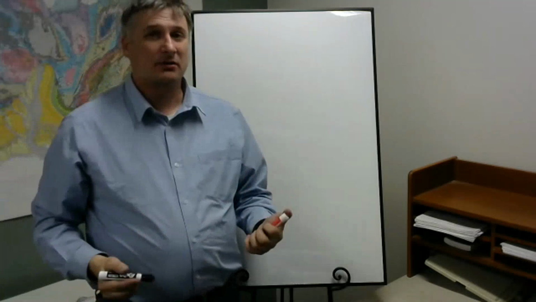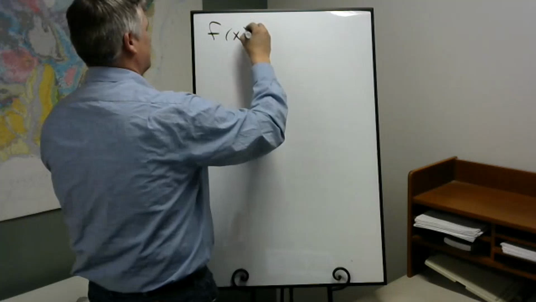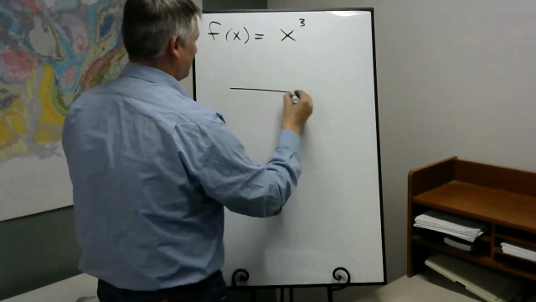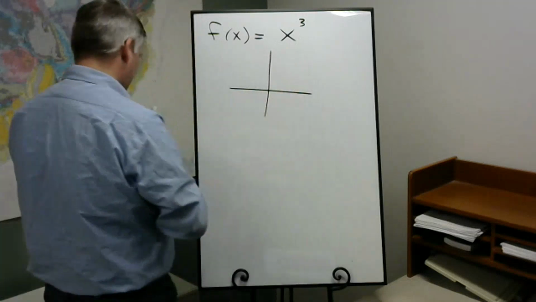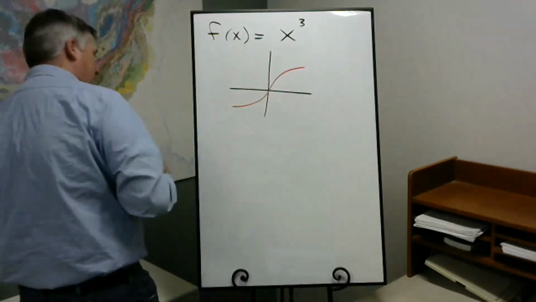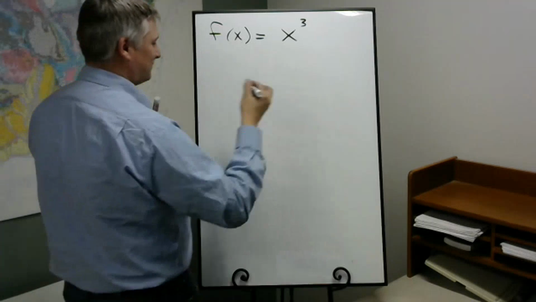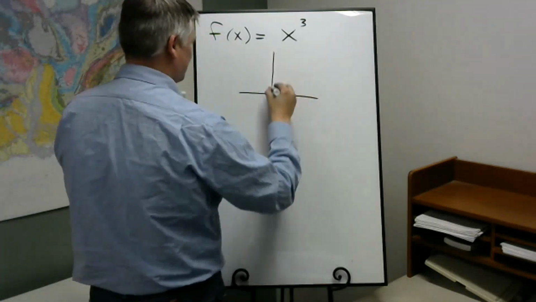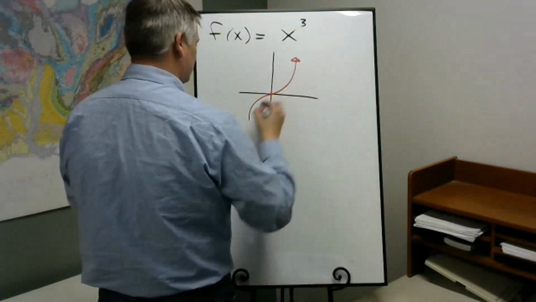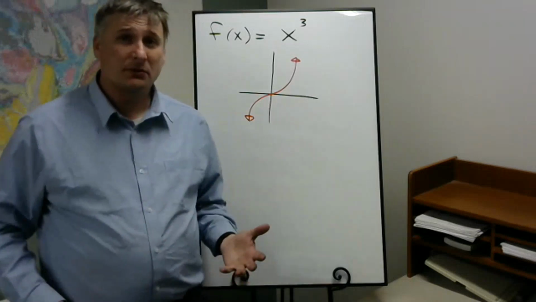Now, the next canonical graph is x cubed. Oh, sorry, thinking of x to the 1/3. Now, this function is always increasing.